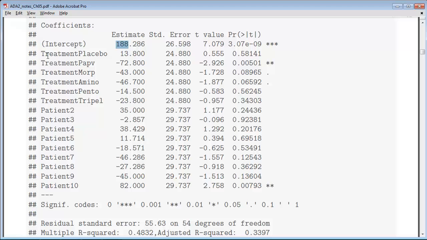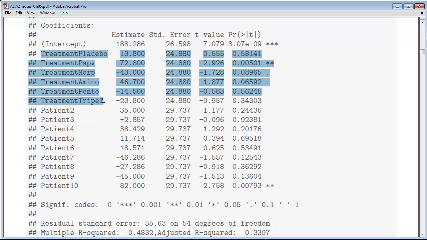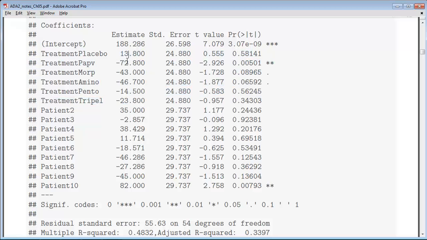So all of these effects right here have to do with that. So 13 says that patient 1 itched 13 seconds longer on the placebo than they did on no drug. On the PAP-V, patient 1 itched 72 seconds shorter than the baseline, no drug.